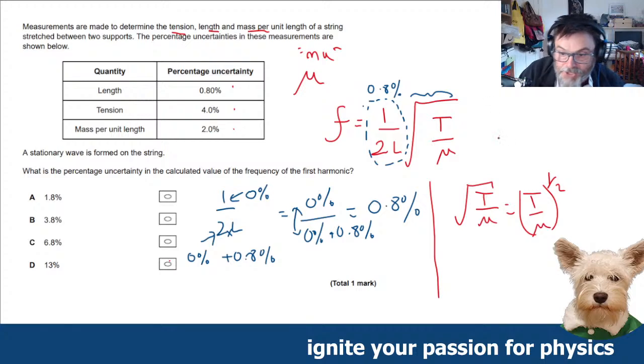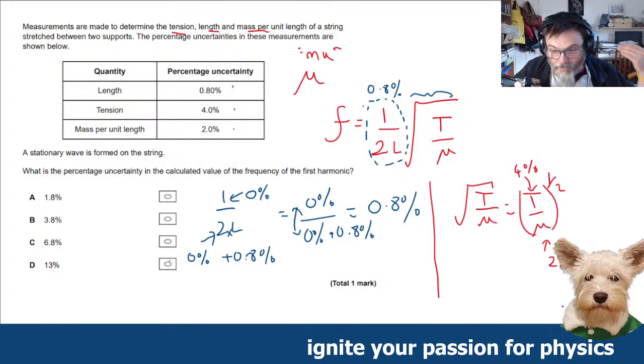So let's break this down. For the tension, we have a percentage of 4%. For mass per unit length, it's 2. We always do what's in the bracket first. And remember, we're dividing the percentages, so because we're dealing with the percentage errors, we just add them. So 4 plus 2, well, 6, isn't it? So now we have 6% error or uncertainty.